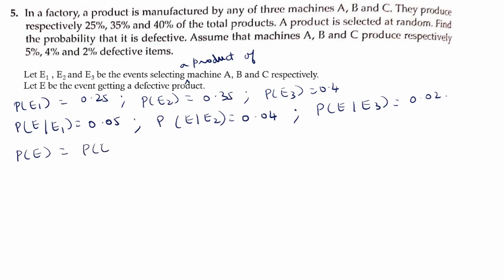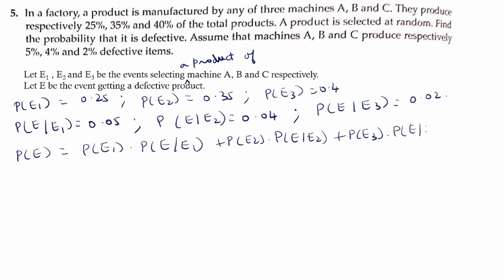So it is equal to probability of E1 into probability of E given E1 plus probability of E2 into probability of E given E2 plus probability of E3 into probability of E given E3.